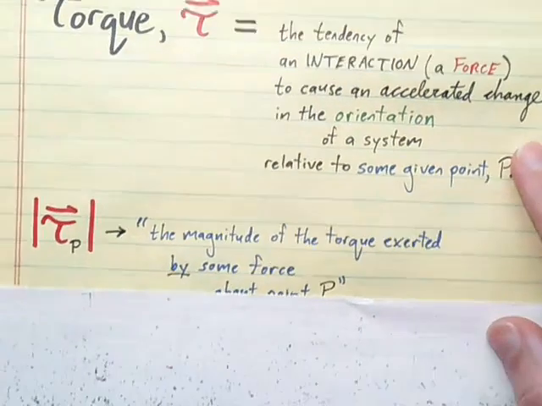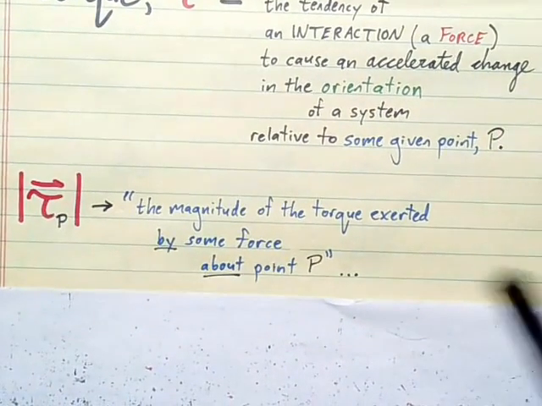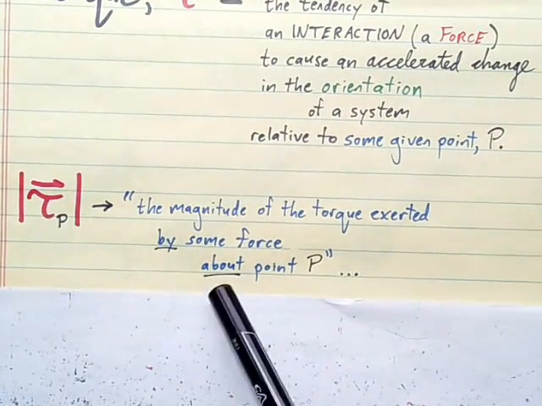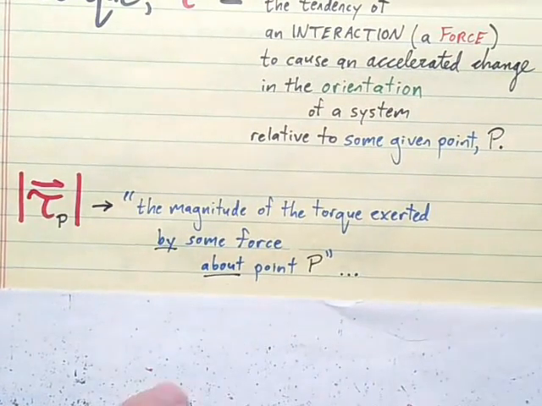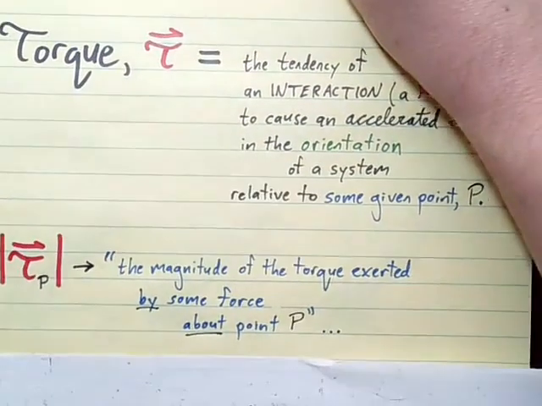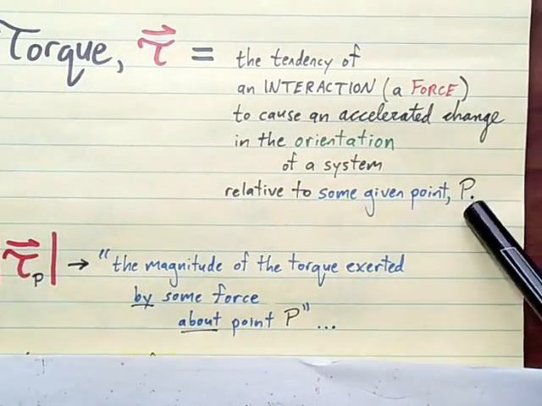And let's discuss what we mean by the magnitude of the torque exerted by some force about some point P. Note I said here that torque always has to be defined relative to some given point of rotation. P is our point of rotation.